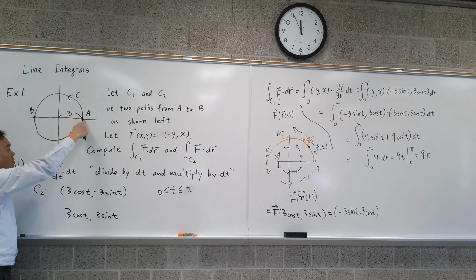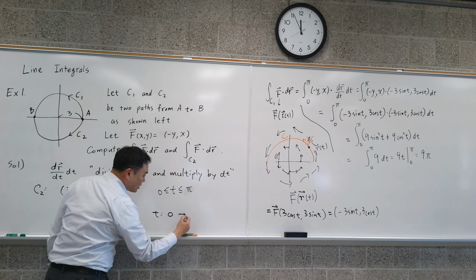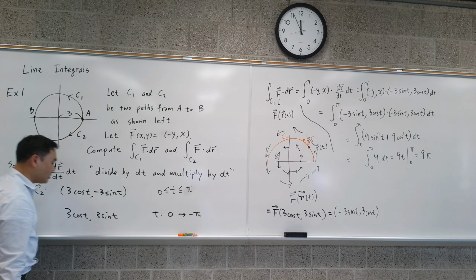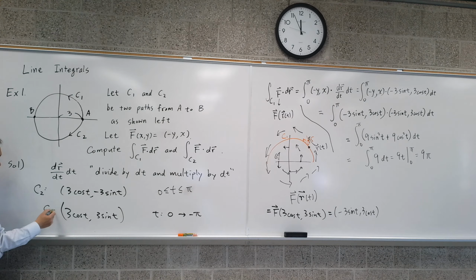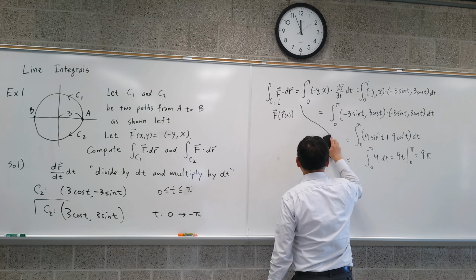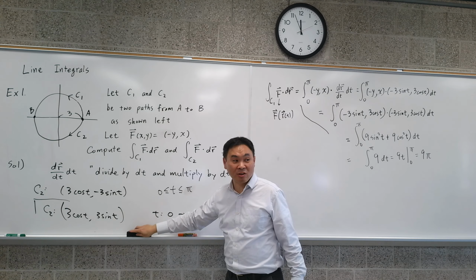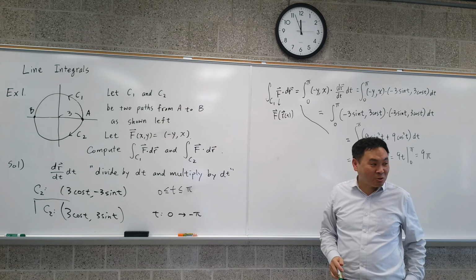So if t goes from 0 to negative pi, that's another way to do the same thing. We'll just stick to this one, but I just want to give you some other options. There are infinitely many ways to do the same parametrization, so you have to be able to come up with these things. It's not so easy.